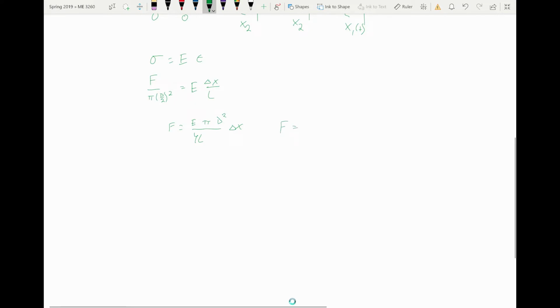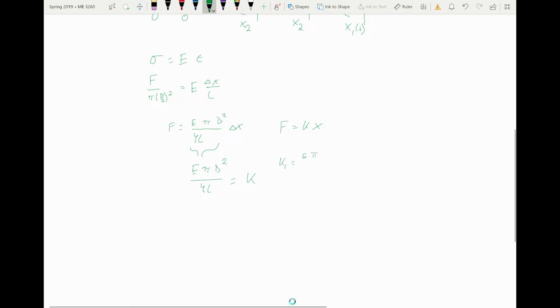So F is equal to K times X, where X is the displacement of the spring. And so we're going to define E pi diameter squared over 4L to be equal to K. And this goes for cylinder 1 or cylinder 2.